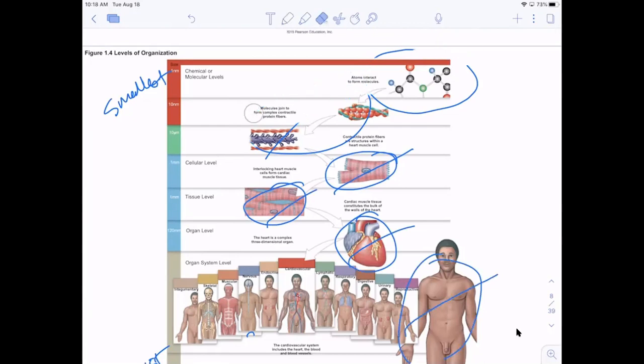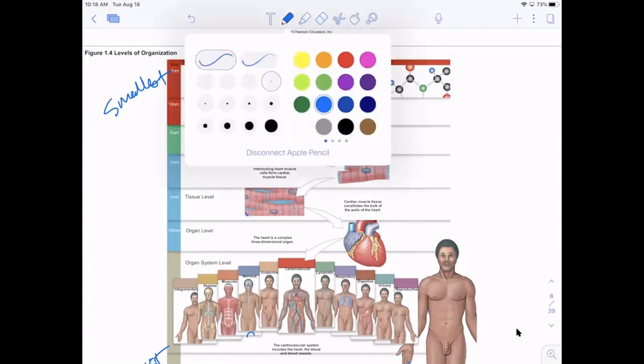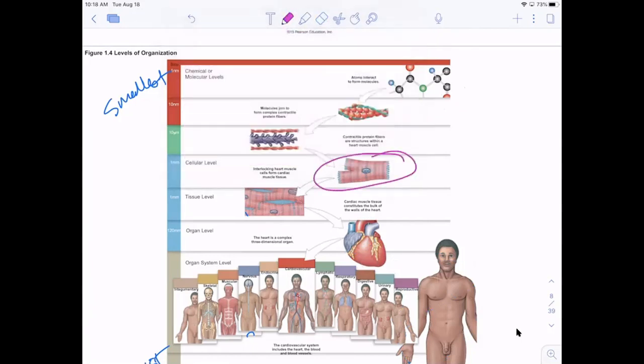So if there is something structurally wrong, either at a chemical level or a cellular level, something's not working in the cell, or a structure is not built correctly, then the cell dies. And if the cell dies, then the tissue dies. And if the tissue dies, then the organ dies.